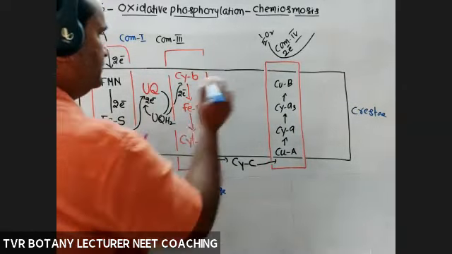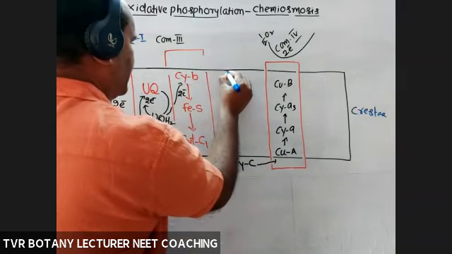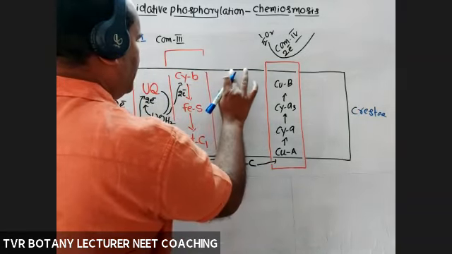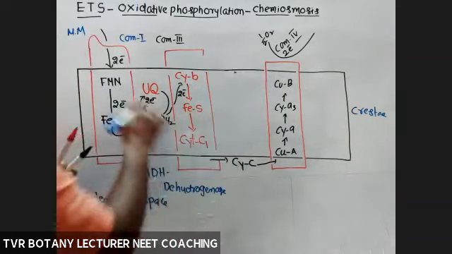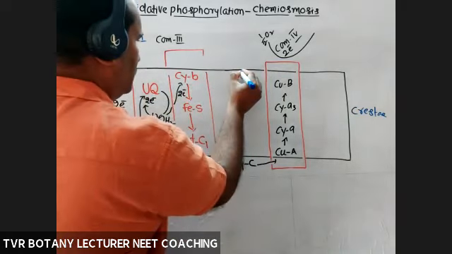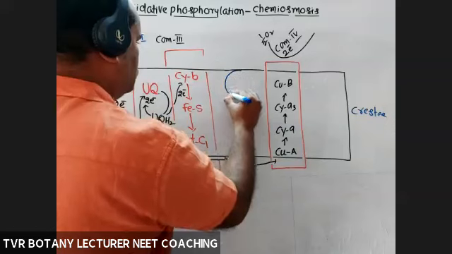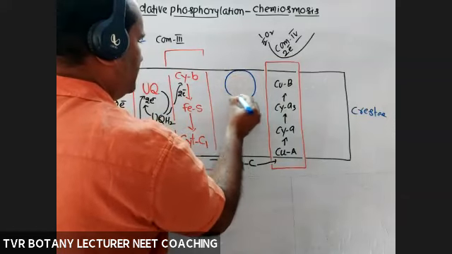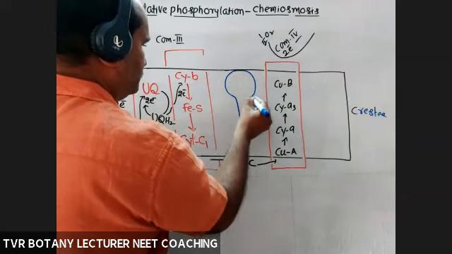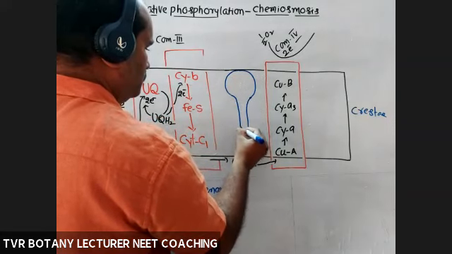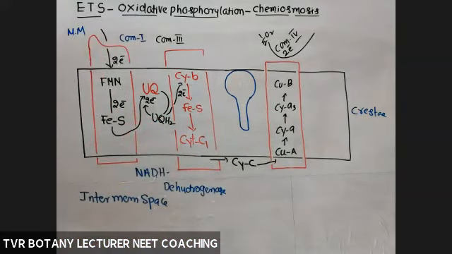Now, take the second complex. It looks like an archegonium, a dummy diagram. This is not a real diagram. Dummy one only. All these boxes are dummy only. So the second complex.